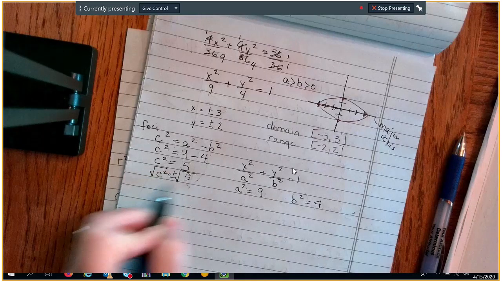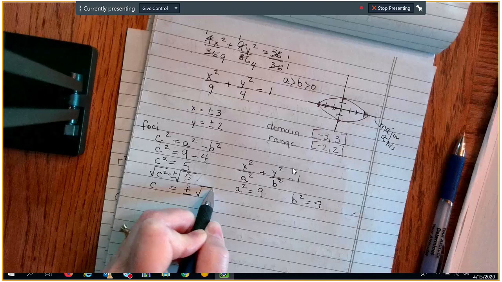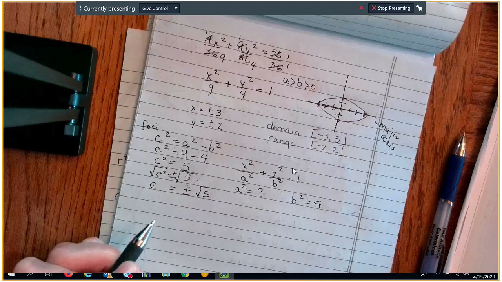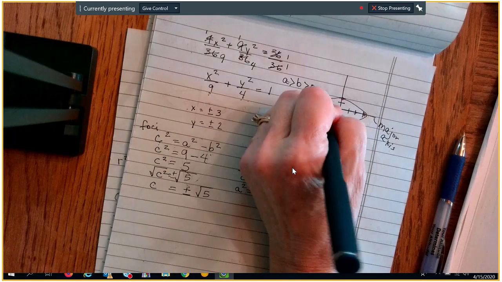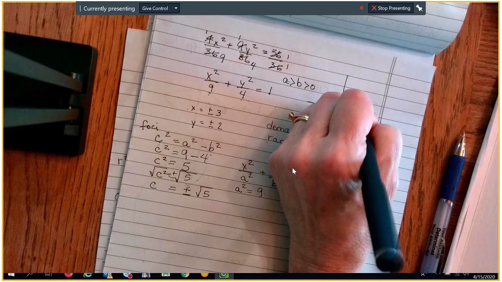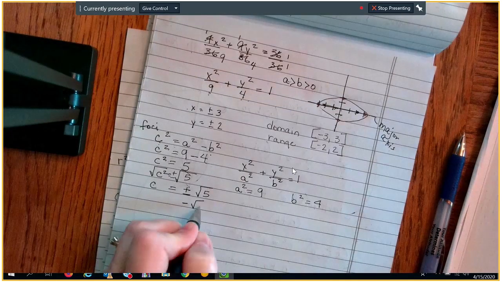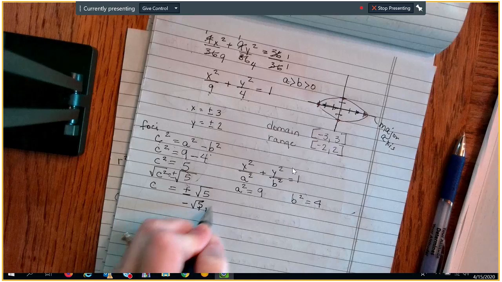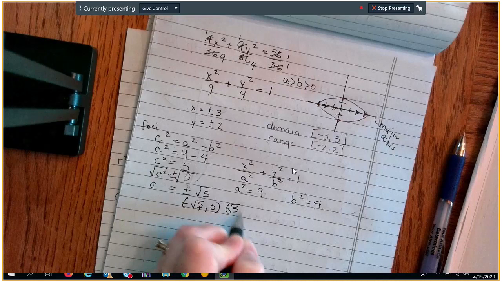So c now is going to equal plus or minus the square root of 5. Now the square root of 5 is a little over 2. So now my foci are going to be negative square root of 5, 0, and positive square root of 5, 0.